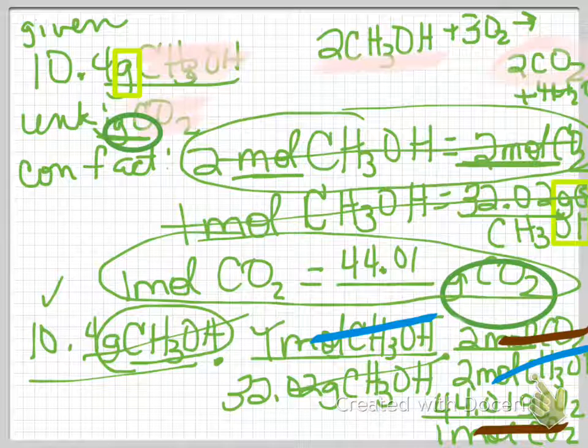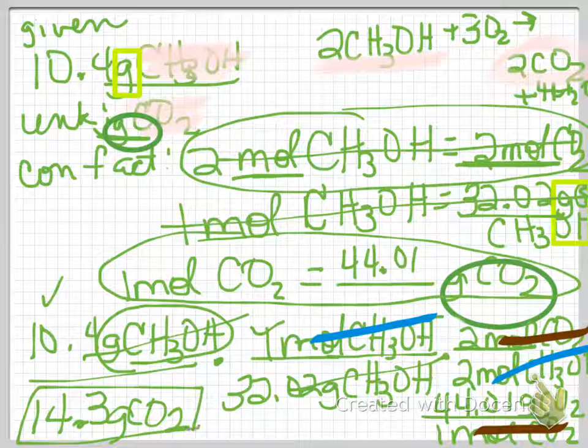Demetria, I never took my hand off the calculator. I never hit enter until the very, very end. Okay, so my final answer, I got 14.3 grams of CO2. So theoretically, that's how much CO2 I should be able to make.